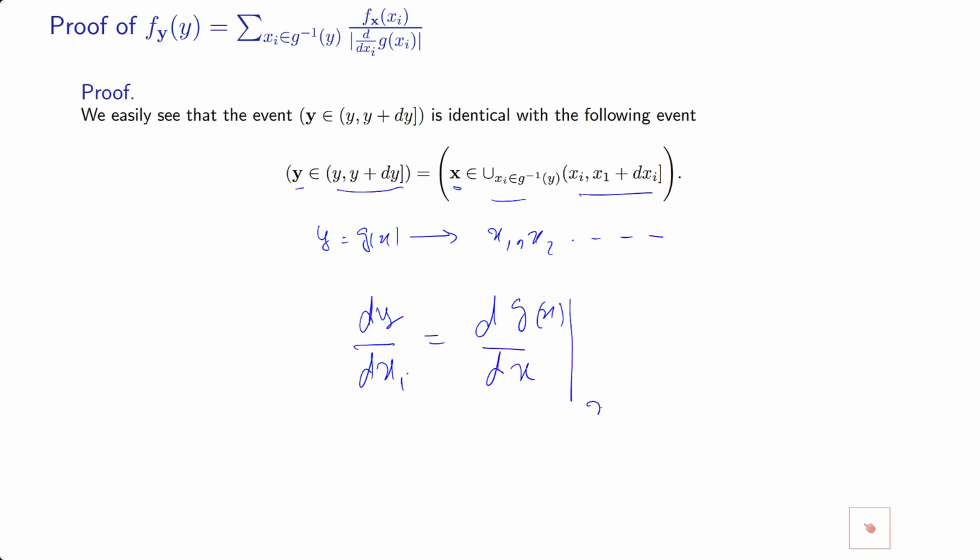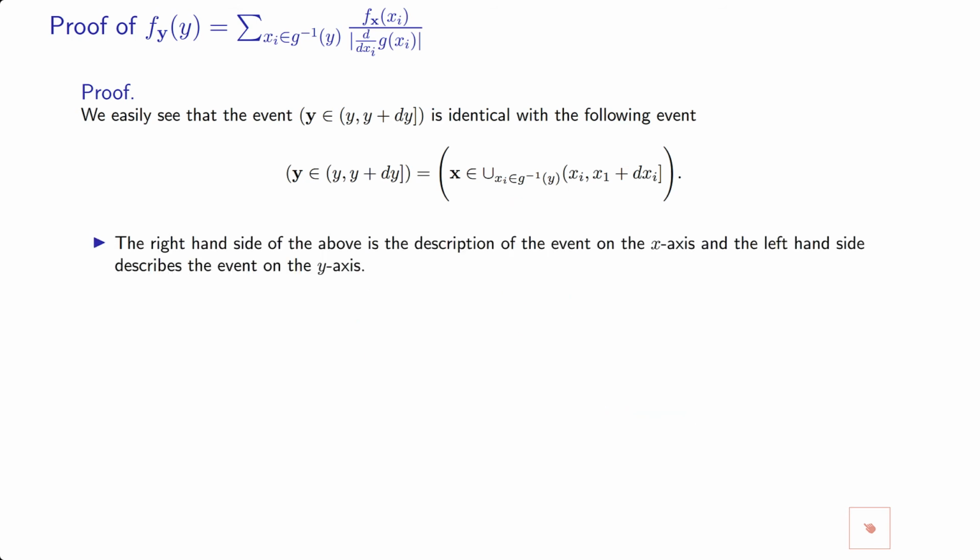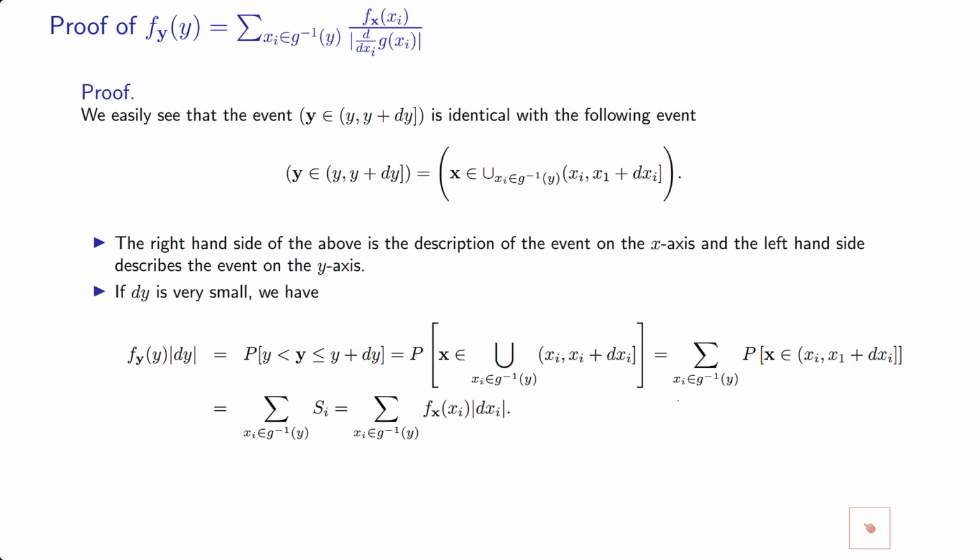Then you replace x by xi. And therefore, the proof is very easy. So you see that the PDF of y times dy, which is the probability of this, is equal to the probability of these, and this is the probability of this side, and then you can write it and go ahead.